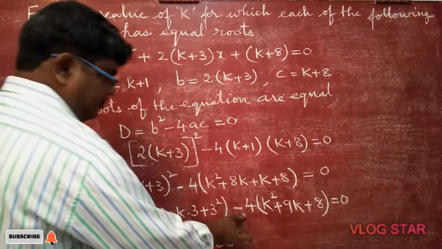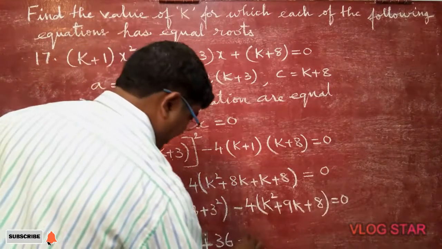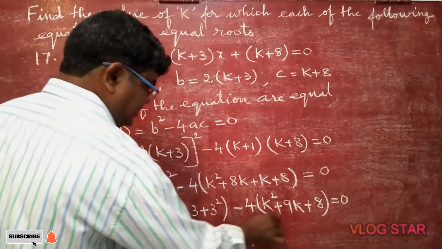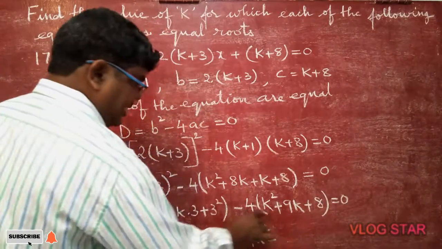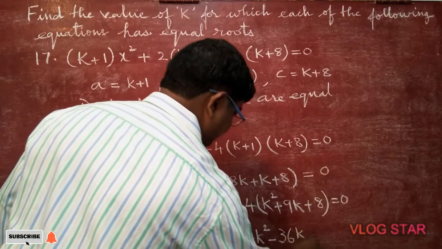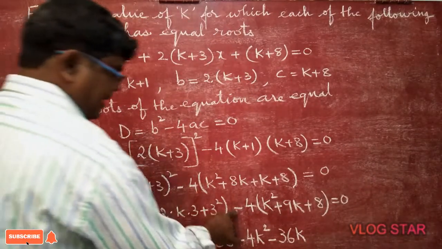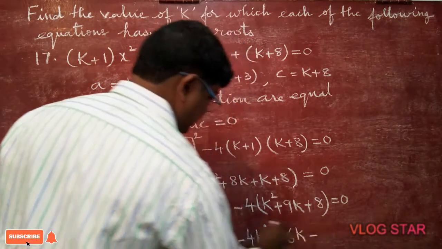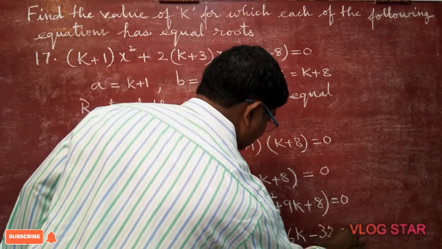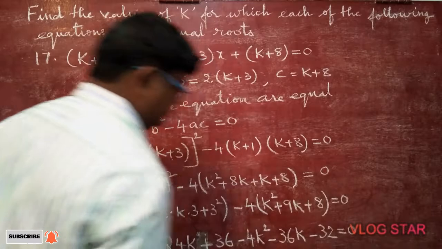Now multiply with minus 4. Minus 4k square, minus into plus is minus, 9 4s are 36, k is there. Next, minus into plus is minus, 4 8s are 32, is equal to 0.